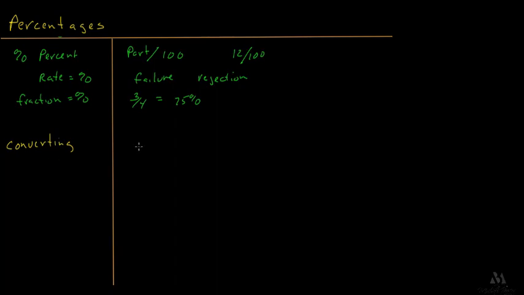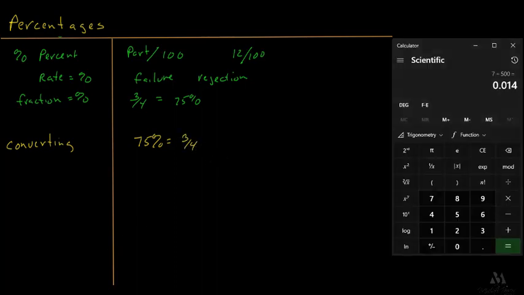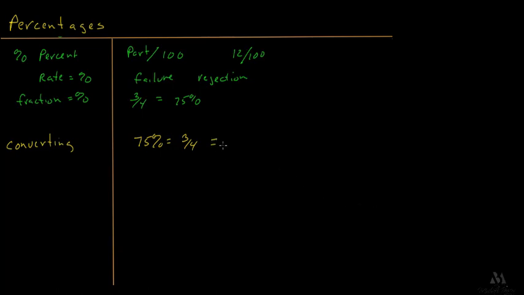For instance, you may already know that 75% equals 3/4. But why is that? Well, let's grab the calculator real quick and take a look. So if we take 3 divided by 4, we are going to get 0.75.